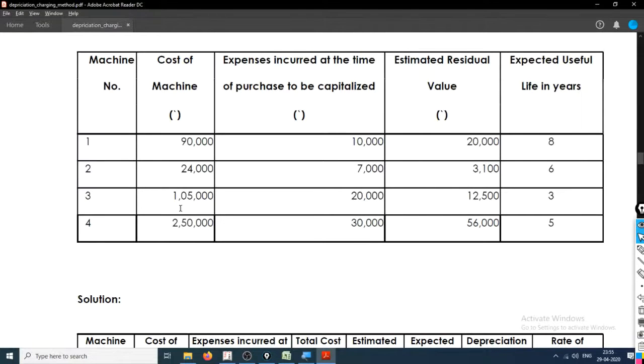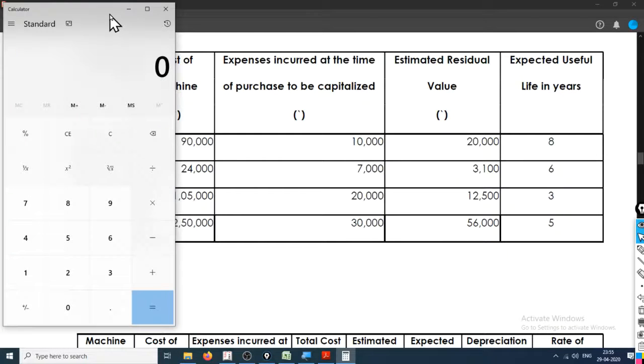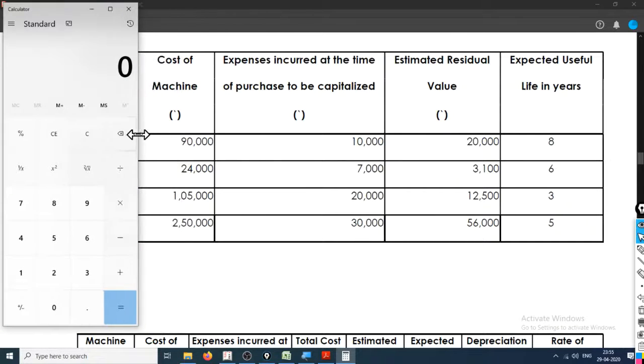The third one right here is 1 lakh 5,000. Let's open the calculator and do it. 1 lakh 5,000 plus 20,000, as it is a capital expenditure and an integral part of the machine.